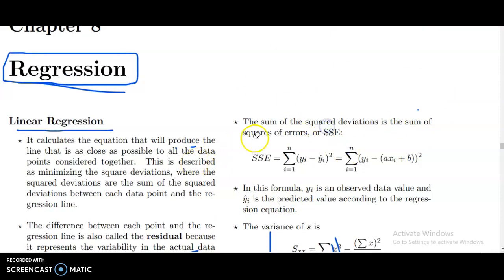The sum of the squared deviations is the sum of squares error, or SSE.